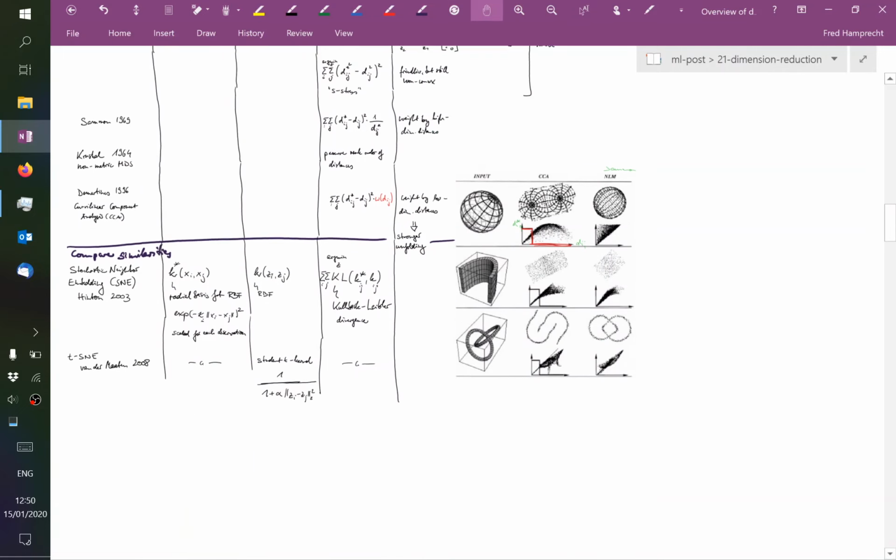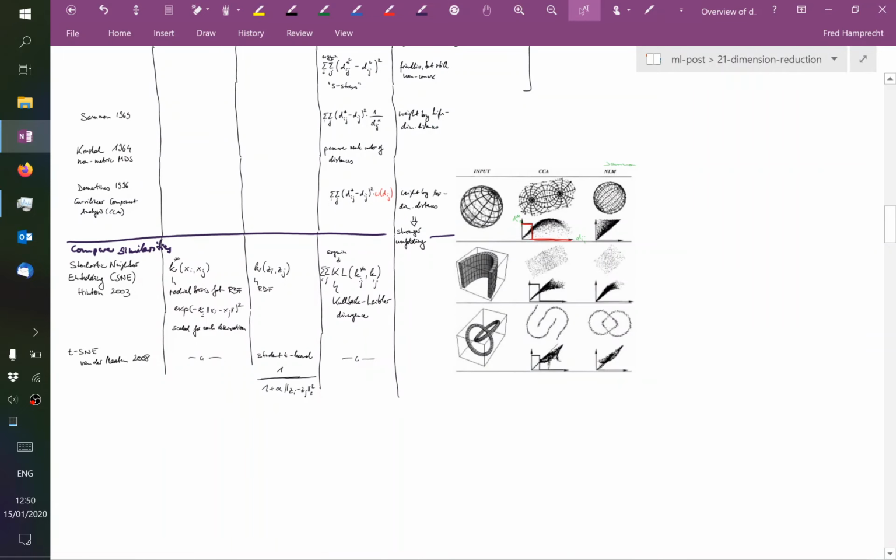On the bad side, it is, of course, again a non-convex optimization problem. And so a few tricks are needed to bring it to convergence in a reasonable amount of time.